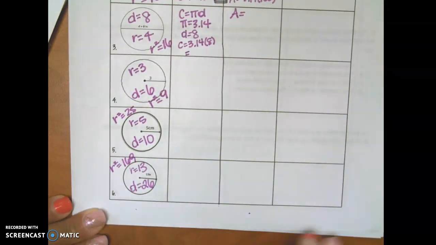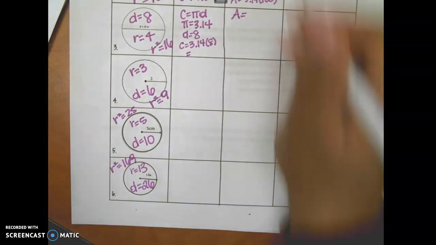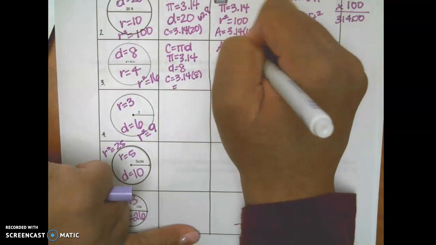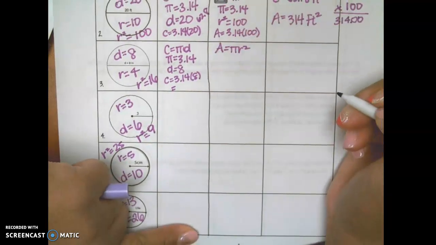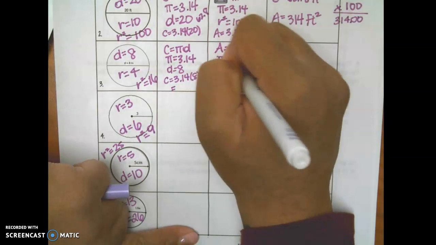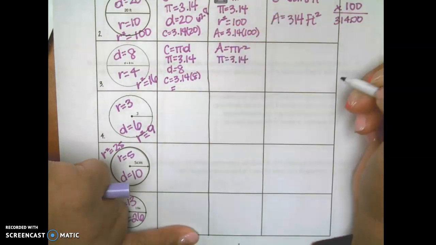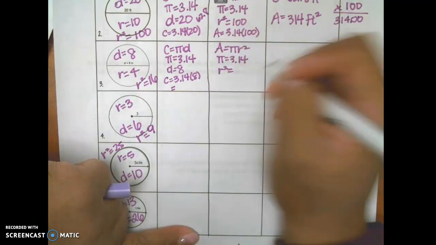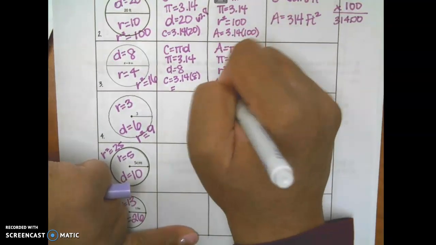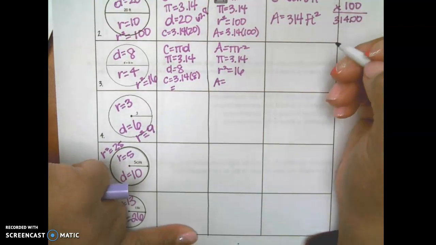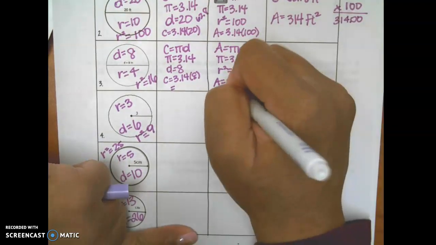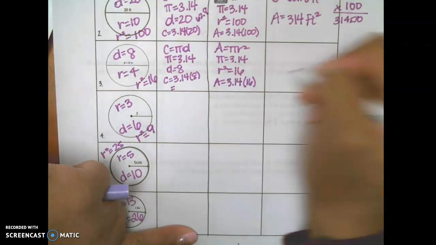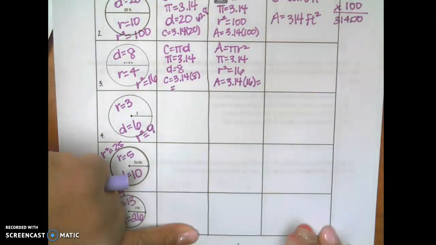Area equals what? Oh, my bad. Pi radius squared. Now what? Pi equals 3.14. Now what? R squared equals 16. Good. Now what? 3.14 times 16. Okay, and you need to work that out.